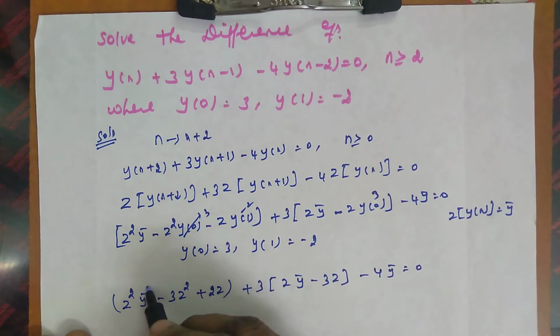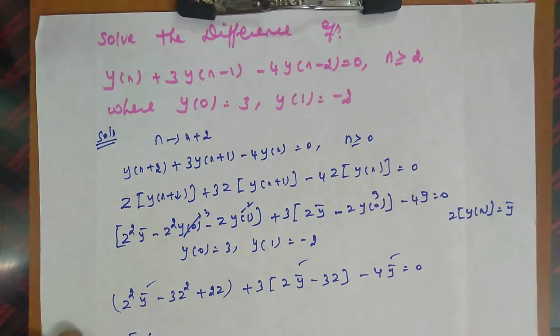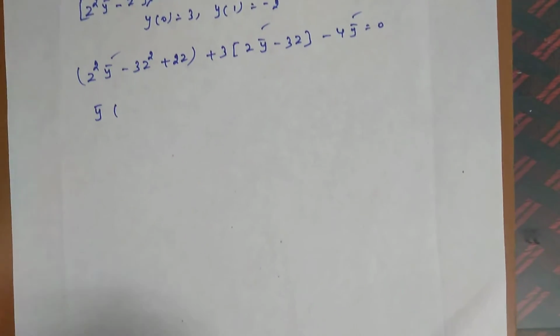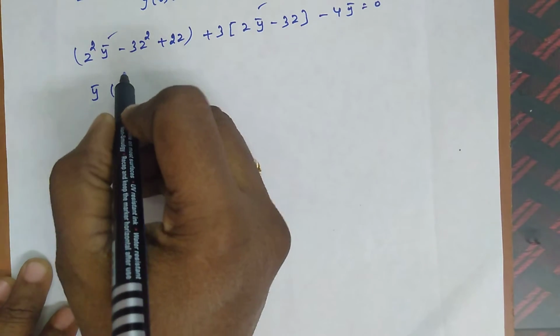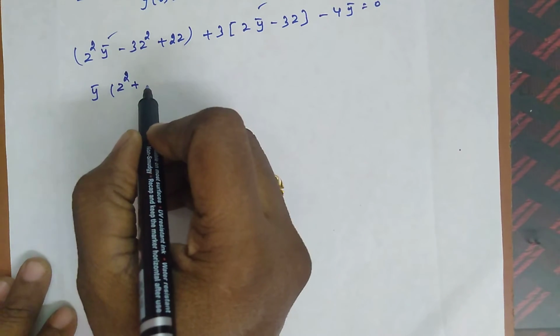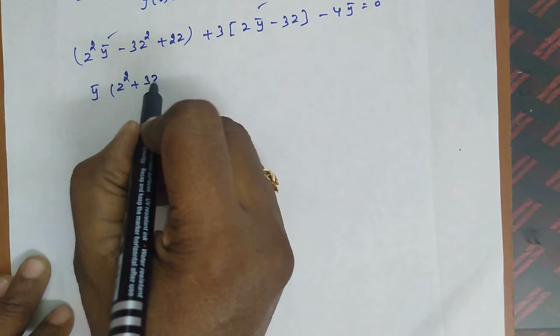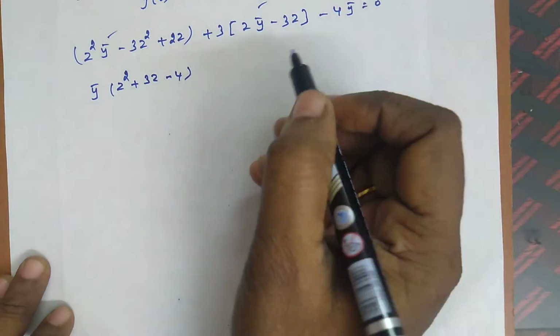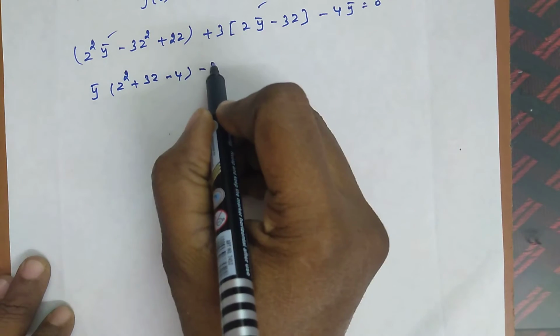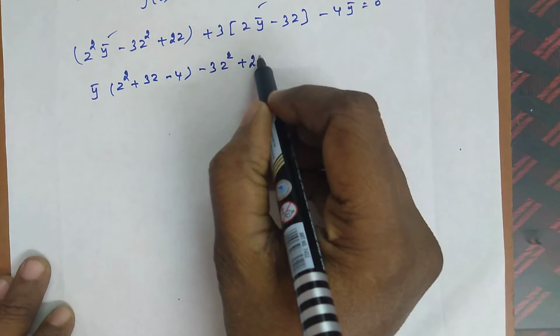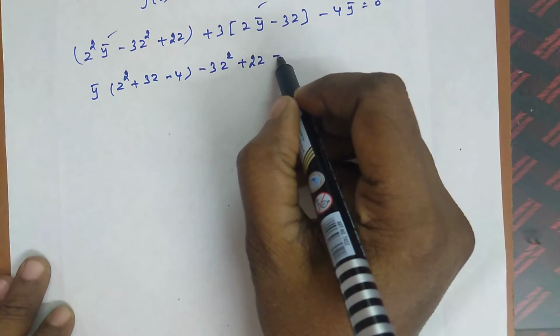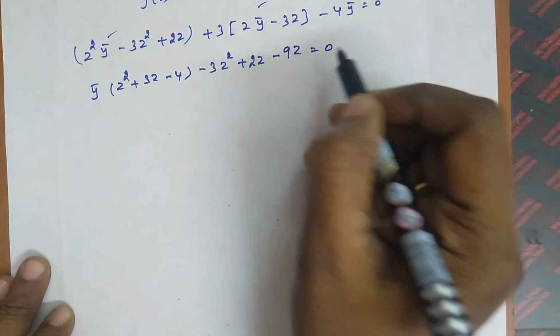So now we will collect all the y bar terms. So y bar into z square plus 3z minus 4, and write the remaining terms: minus 3z square plus 2z minus into minus 9z equals 0.